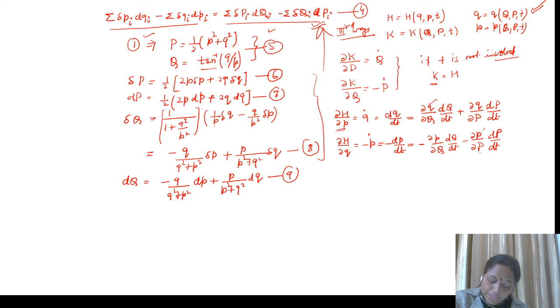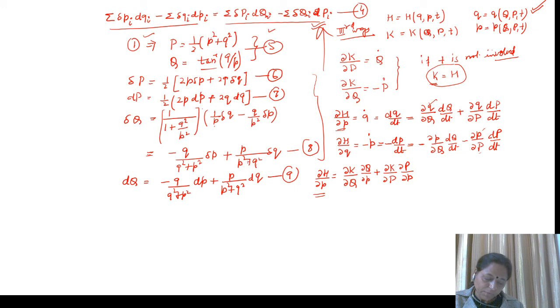Now what about this ∂H/∂P? From K is equal to H, this ∂H/∂P you may write as, because H is K, ∂K/∂Q, as K is a function of Q, times ∂Q/∂P. Similarly, ∂K/∂P, as K is a function of capital P, times ∂P/∂P. This is your ∂H/∂P, right?